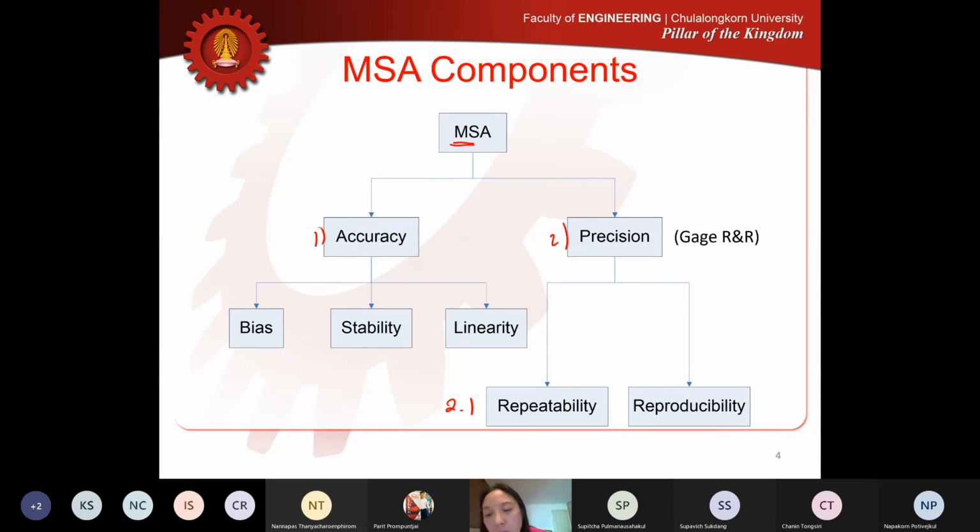The second one is reproducibility, the consistency among different operators. This is variation or difference within each operator when they do a measurement at different times.